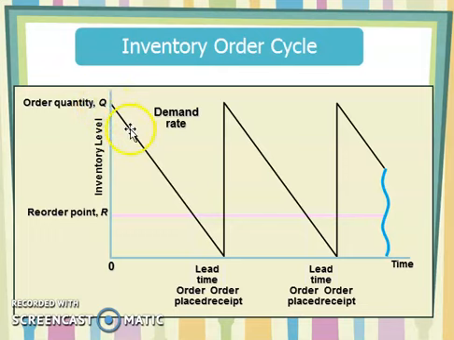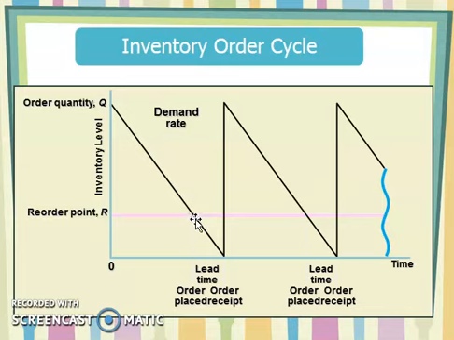This line represents the demand rate. When we start using that inventory, it will keep on falling, and at one point of time it will fall to a level called R. Whenever it reaches this level, we'll place another order because this is the reorder point.